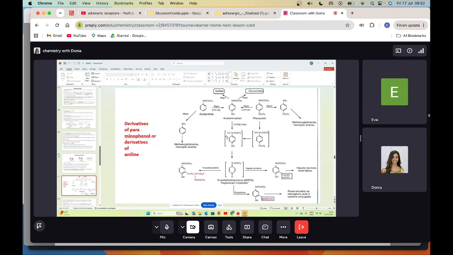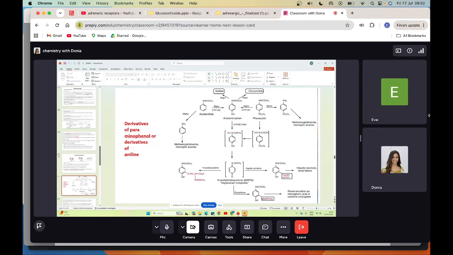The iron changes from Fe2 to Fe3, and it cannot carry the oxygen efficiently to the tissue. So that's what the aniline would do. It causes oxidation of the iron from ferrous to ferric, causing methemoglobinemia. Is it clear?